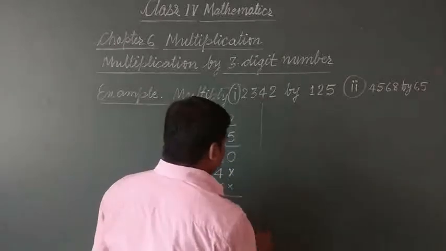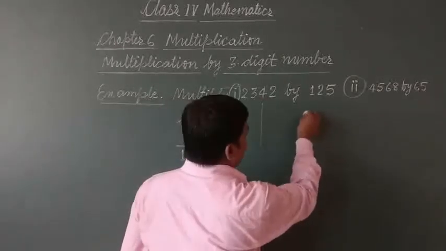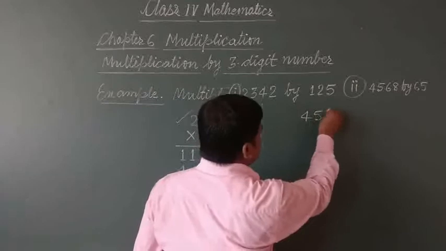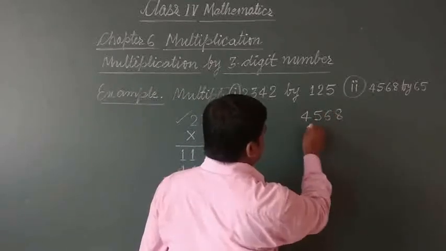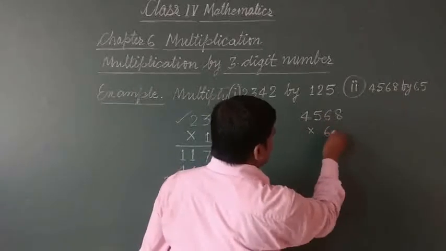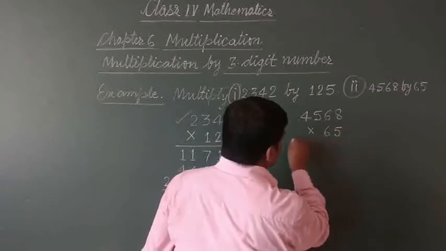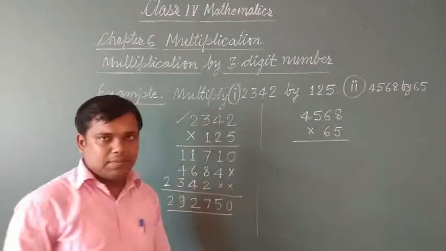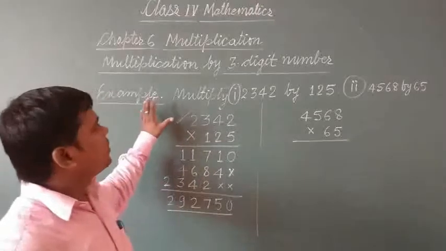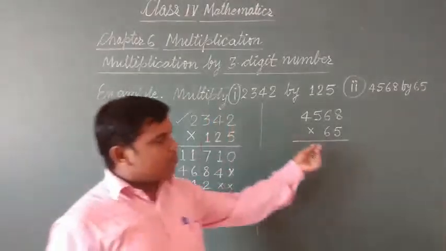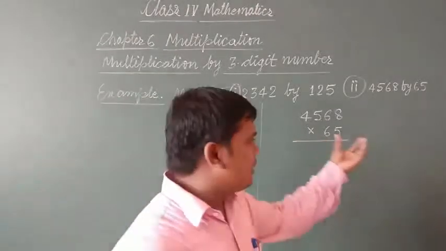In the same way we write this one also, 4568 multiplied by 65. Suppose we have a two-digit number, then how to multiply? One digit I showed, one digit is 4 digits in the same way. Just look at here.